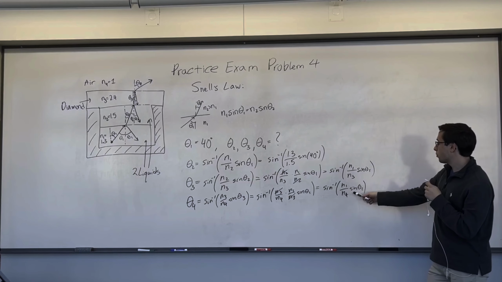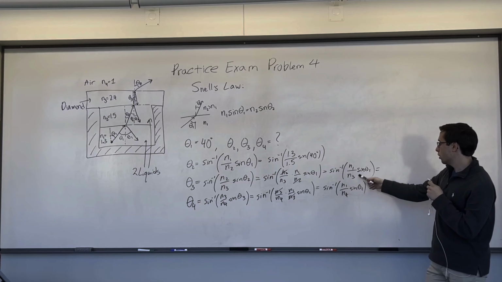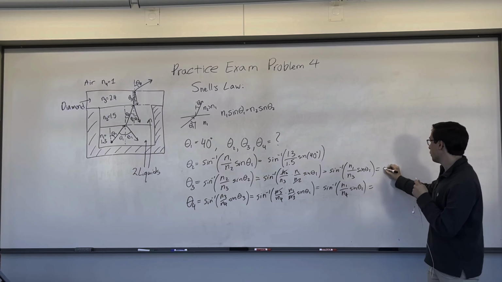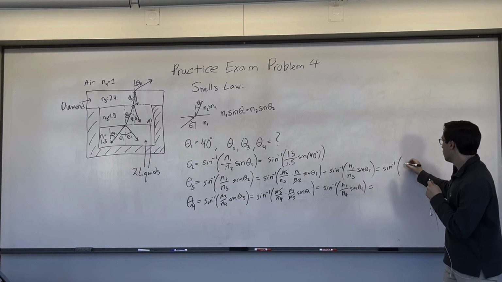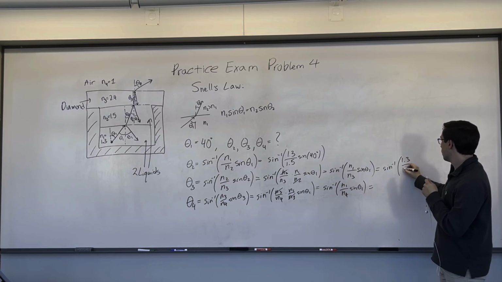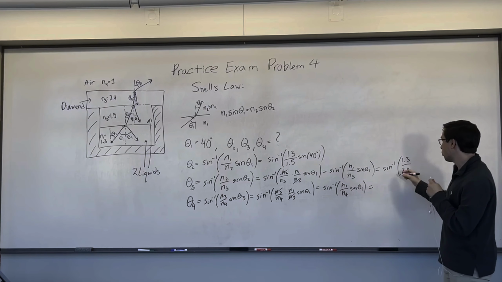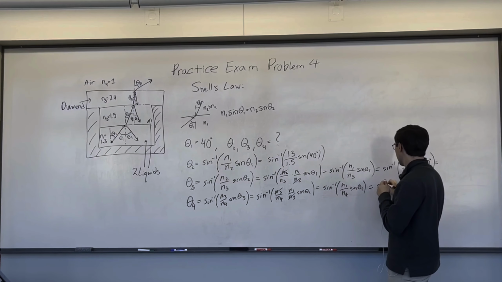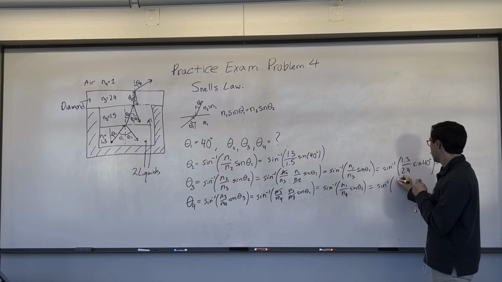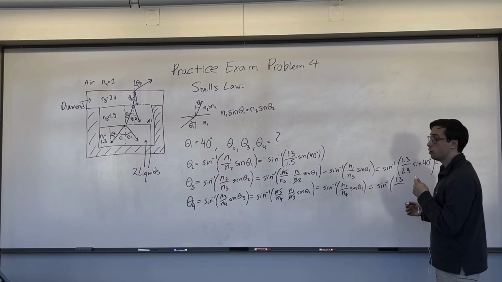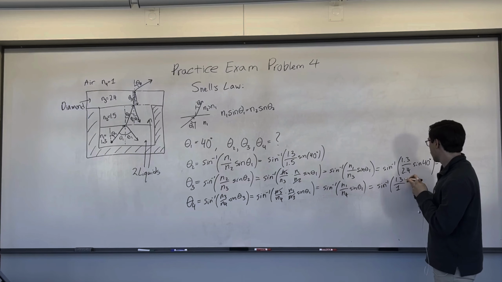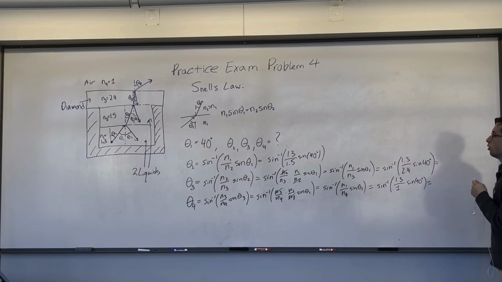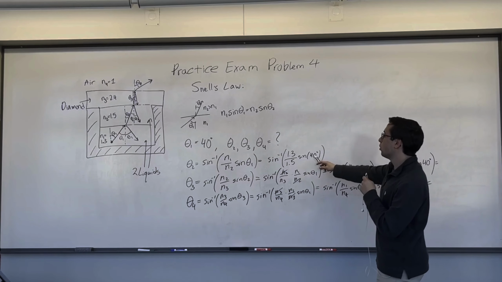And so we can actually rewrite these, plug in the numbers a little bit. So n3 is 2.4 for diamond. And for air, n is 1, kind of the default. Okay, and at this point, we have our expressions for all of our angles.